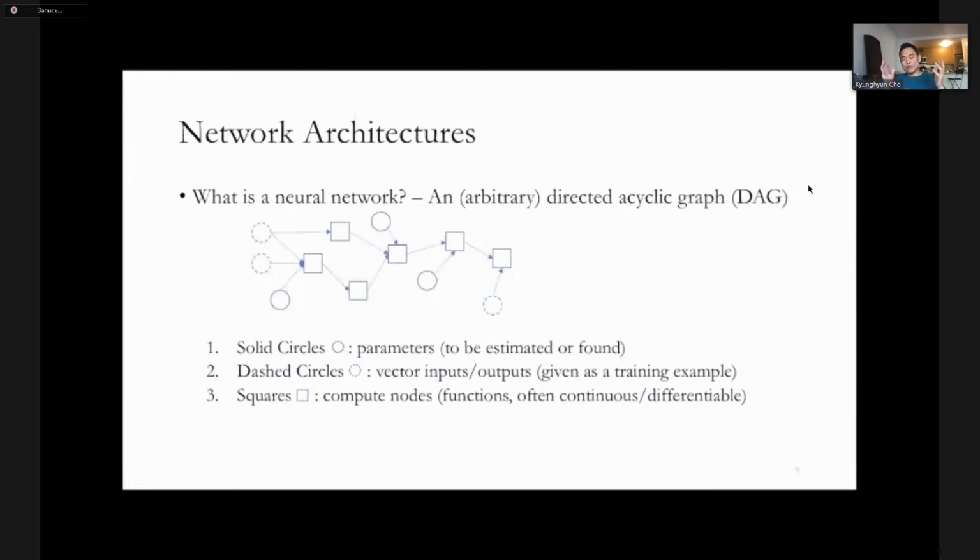You can think of those computations as doing the convolution, applying some kind of activation function and so on. Those nodes can be stacked on top of each other as long as there's no cycle. And then what we get out of this neural net is the output from the final set of computational nodes.